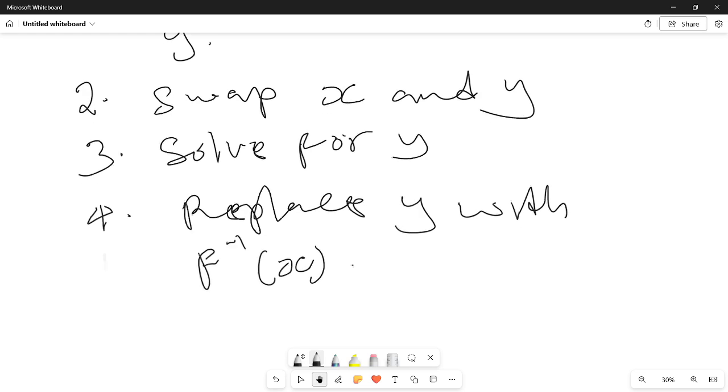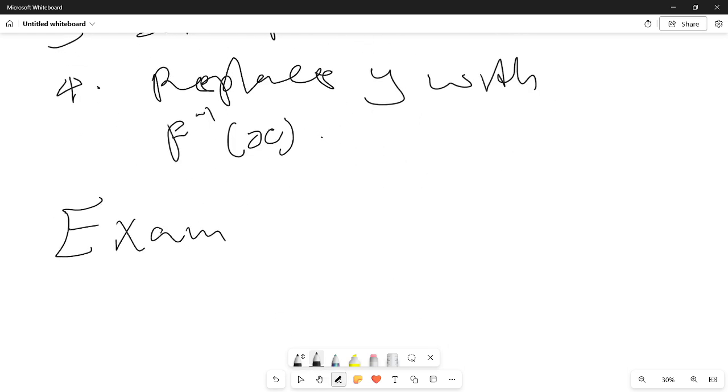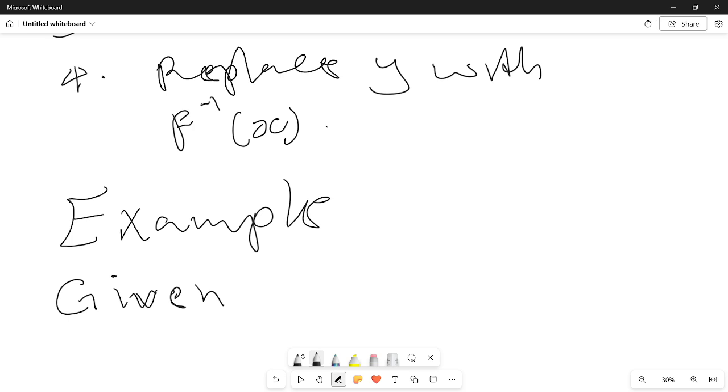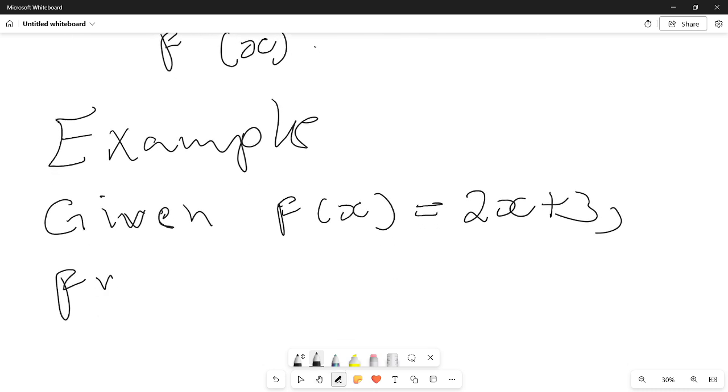So let's look at an example. Given f of x equal to 2x plus 3, find f inverse of x.